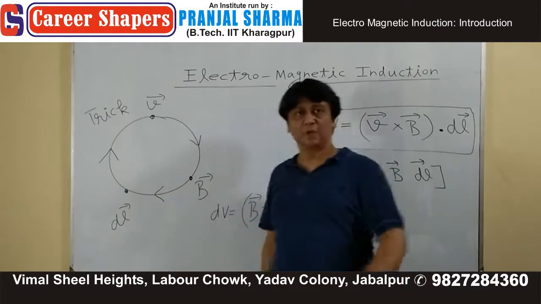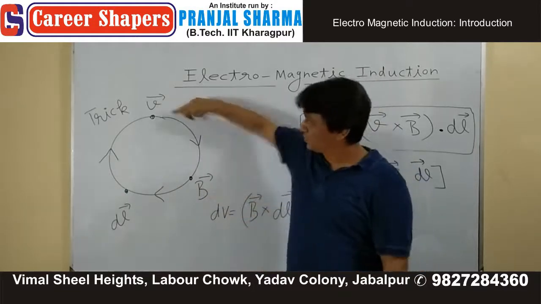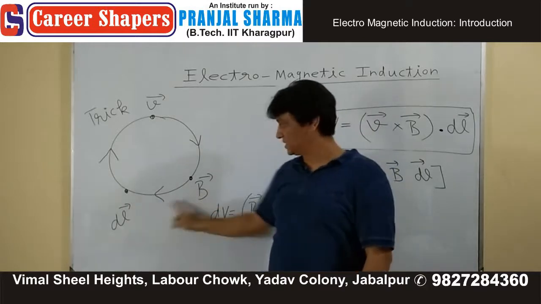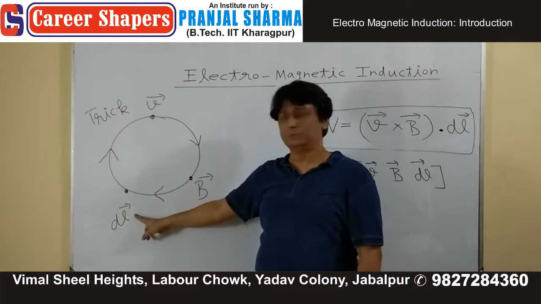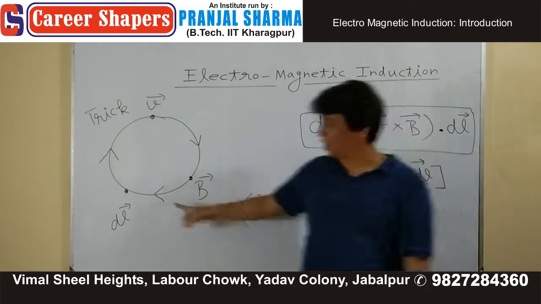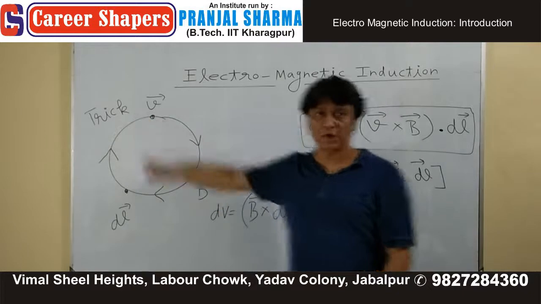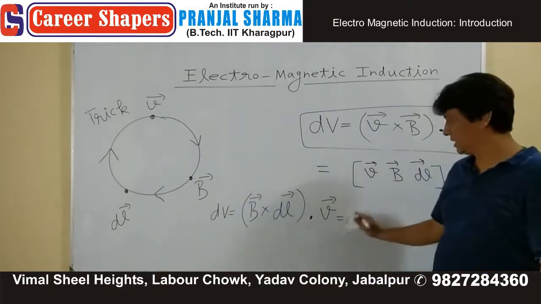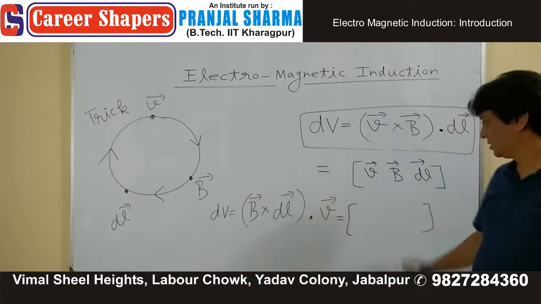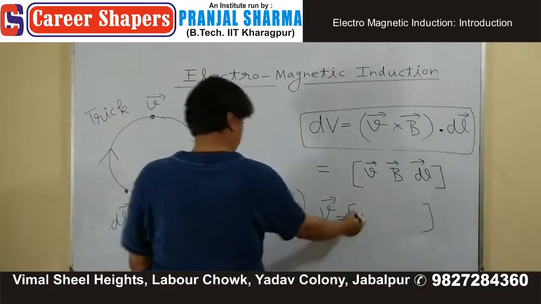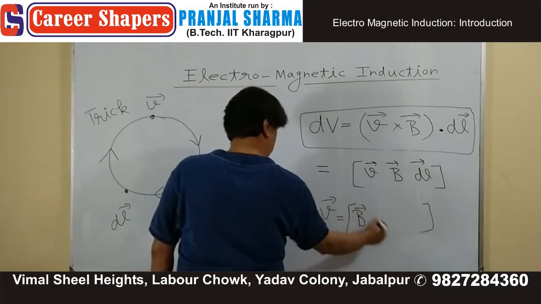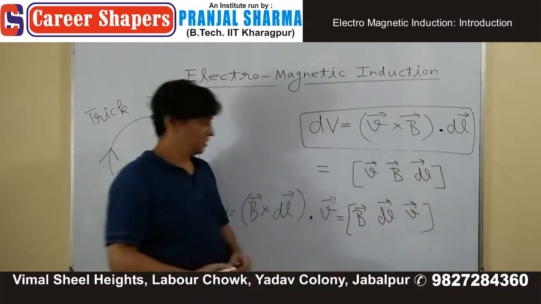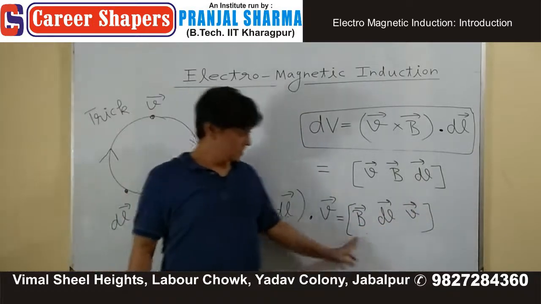That's the first one. Now, instead of this, take these two. Take cross of this and this, and dot of the whole thing to the third one. And this is nothing but B, dl, V. This is same as this.